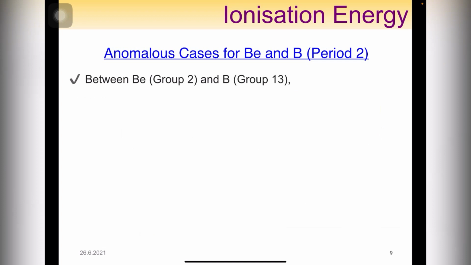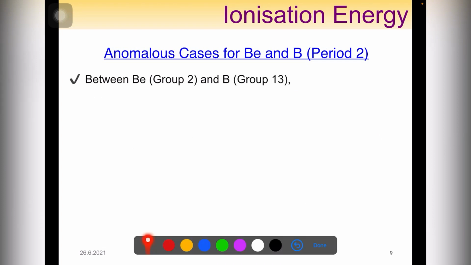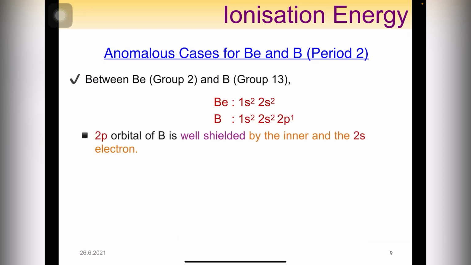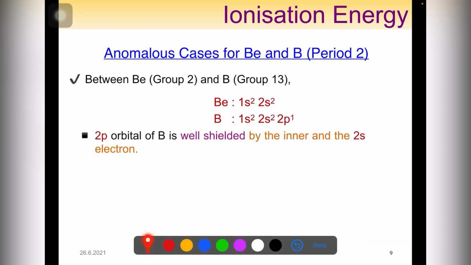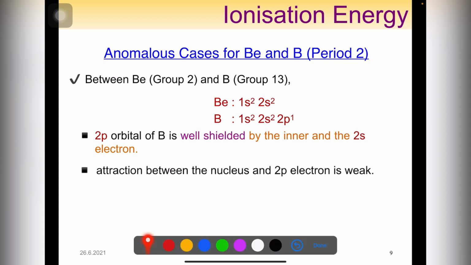Let's see the anomalous case for beryllium and boron in period 2. These are the electronic configurations for beryllium and boron. The 2p orbital of boron is well shielded by the inner electrons and the 2s electrons. So this is the electronic configuration of boron.